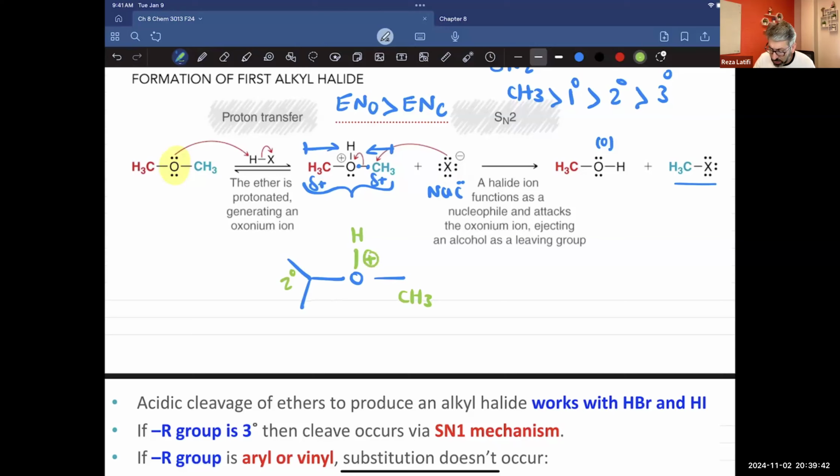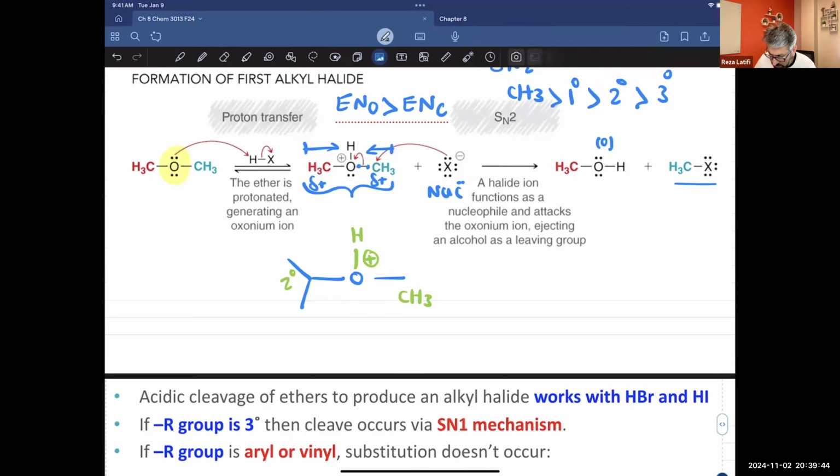The nucleophile can attack this carbon, and then oxygen will take those two electrons and will leave the system.